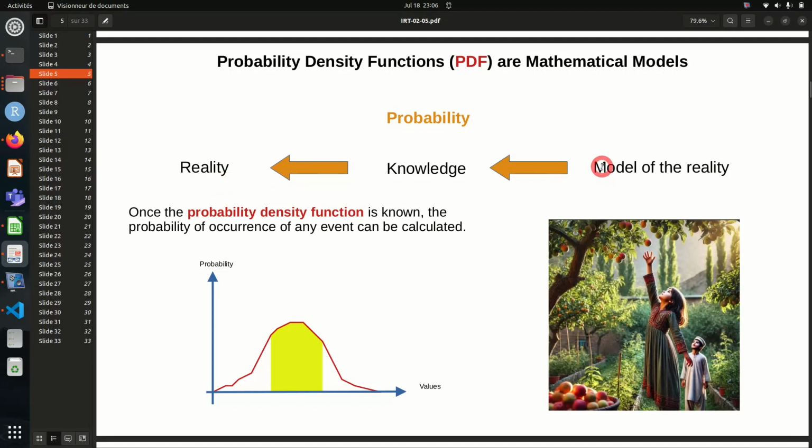This model of the reality, in practice, is going to be a mathematical function like here. A mathematical function that works on values, for instance, the price of the bread, and here the probability. So we can see what is the probability that the price of the bread stays within this window, then it is the integral of this curve.